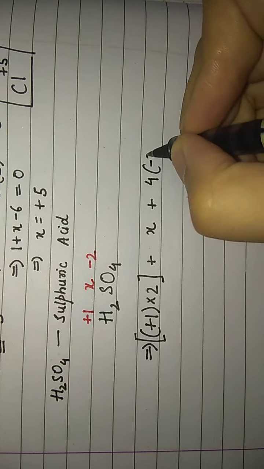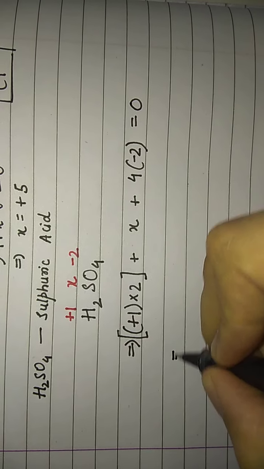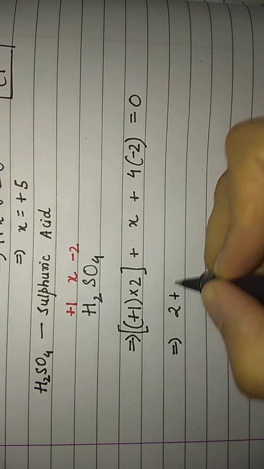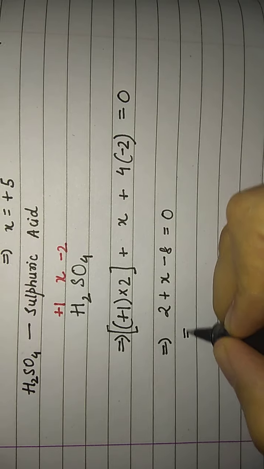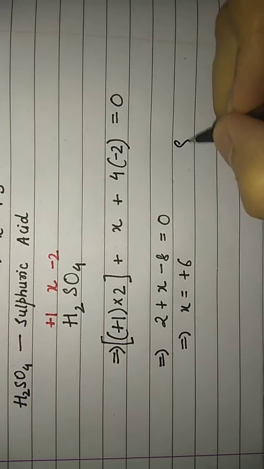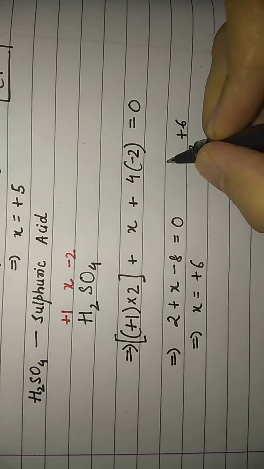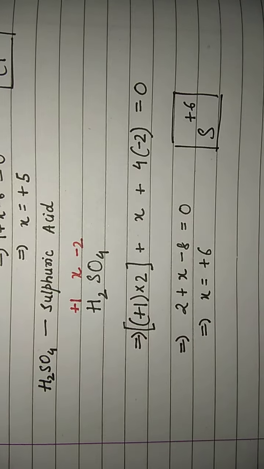So 4 multiplied by -2 is equal to 0. So it will be 2 + X - 8 = 0. So X will be equal to +6. So sulfur exhibits an oxidation state of +6 in H2SO4, sulfuric acid.